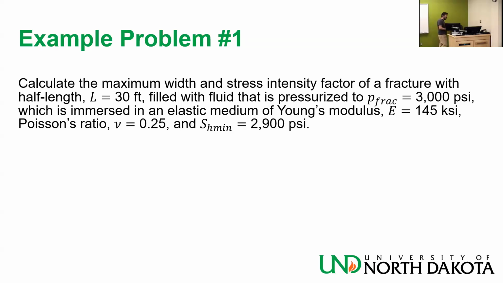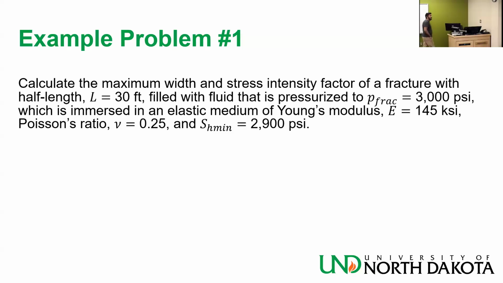That's a little bit of a tricky problem because I'm expecting you to make some assumptions. Like I'm giving you SH mean, I'm kind of implying that the well is drilled parallel to SH mean, so it's opening against SH mean, right?